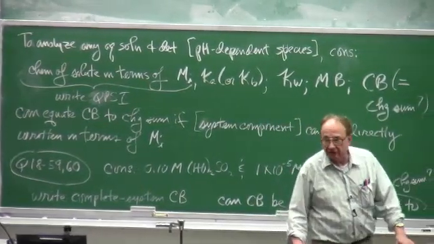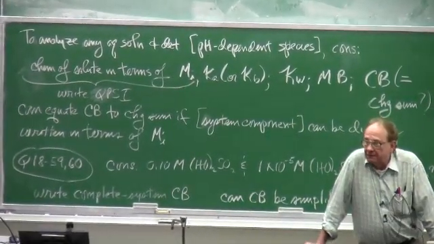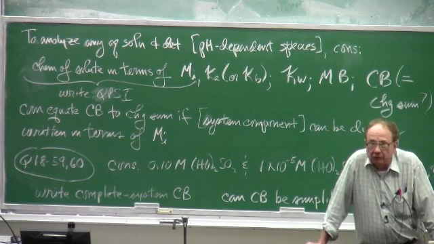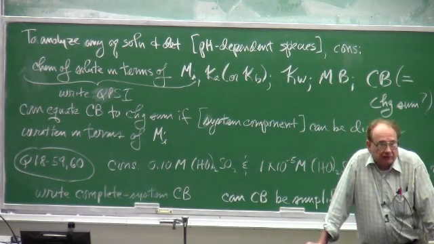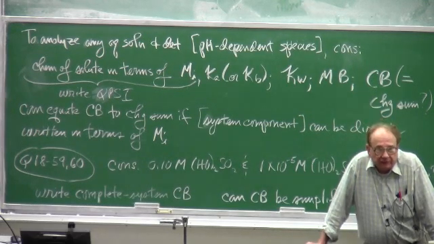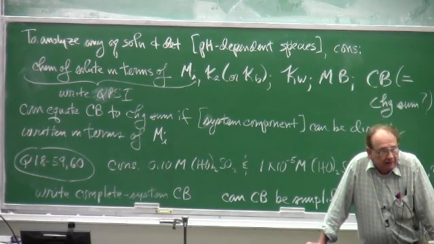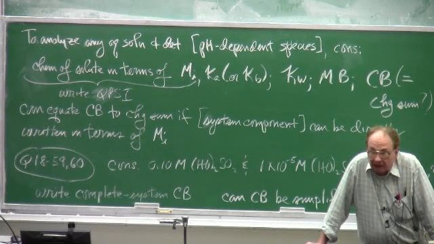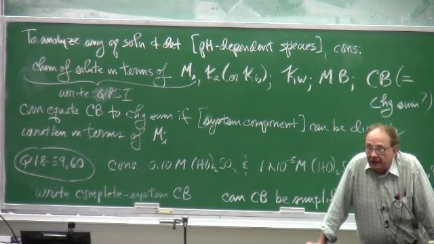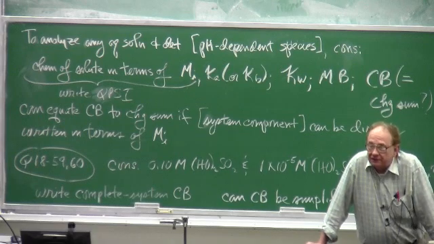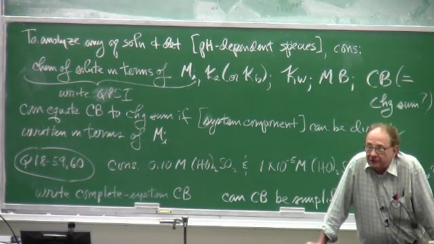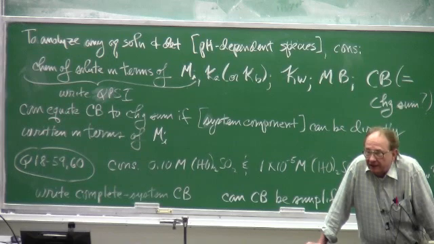Like in the iron nitrate solution, for which we wrote the CB and equated it to a charge sum. Why were we able to do that? Because from our inventory we recognized the presence of nitrate ion. And our understanding of acid-base chemistry allows us to recognize that nitrate ion is a species whose existence in solution does not depend on pH.